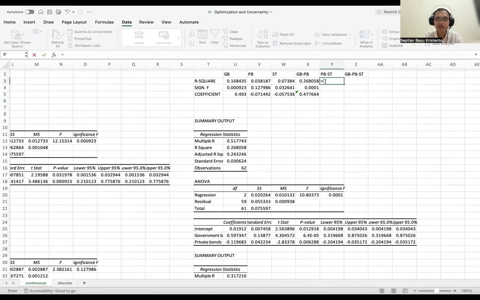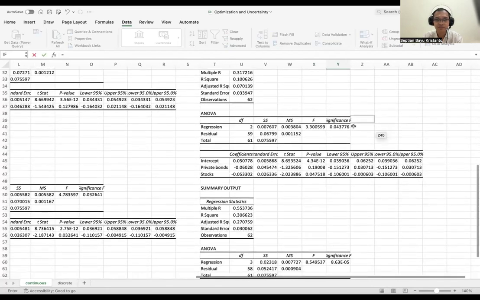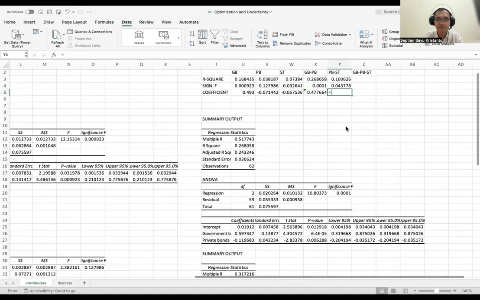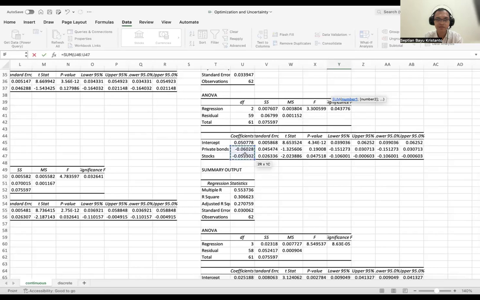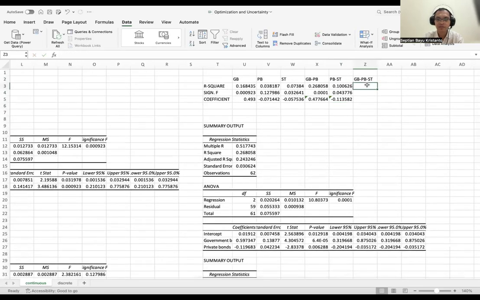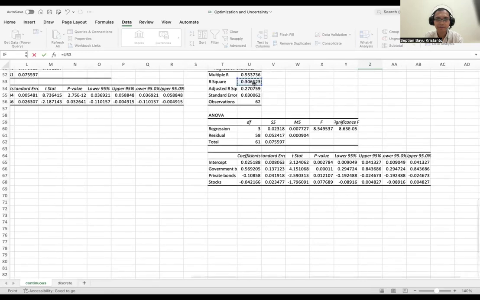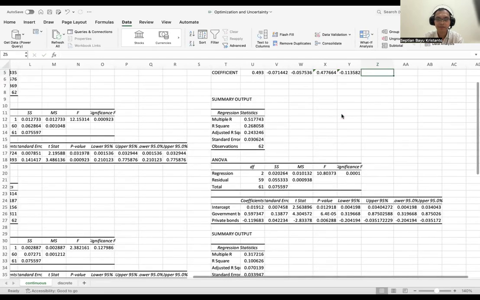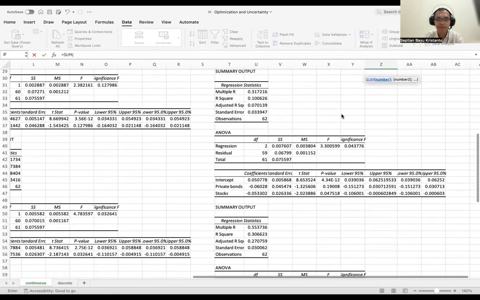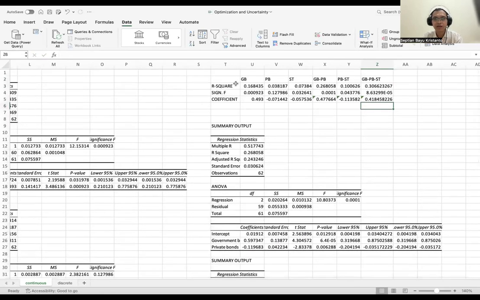Similar with private bonds and stock, and all the options here. Okay, this is our analysis so far.